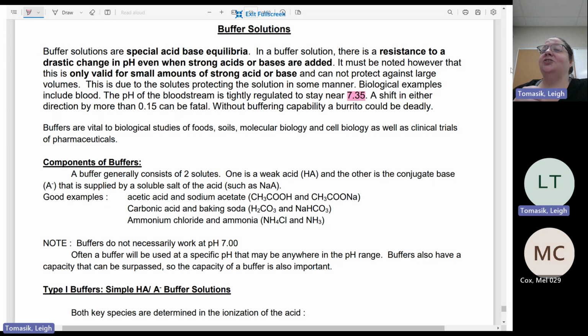But if the pH differs any more than that, what happens is all of the proteins in your body that are responsible for all the jobs of keeping you alive, they change shape, they stop working, and your body stops functioning, and you die. So it says a shift in either direction by more than 0.15 can be fatal.